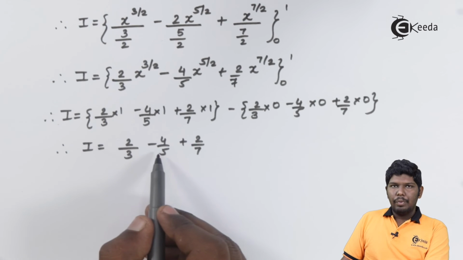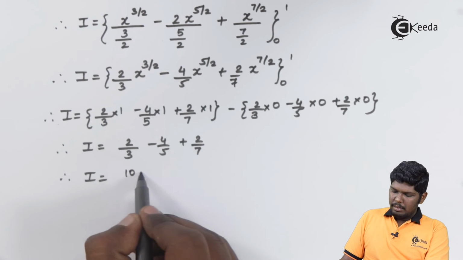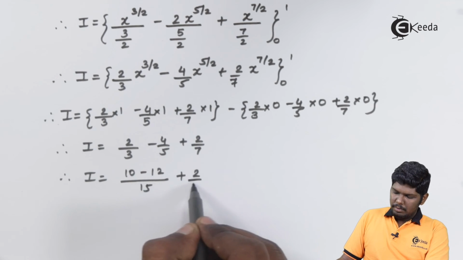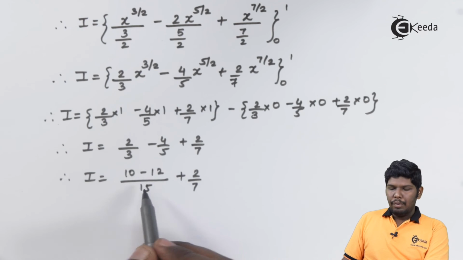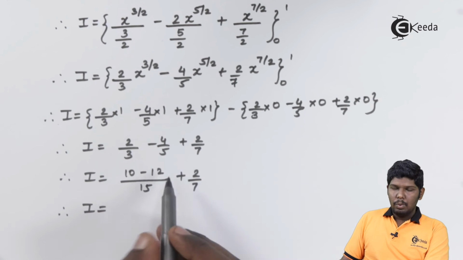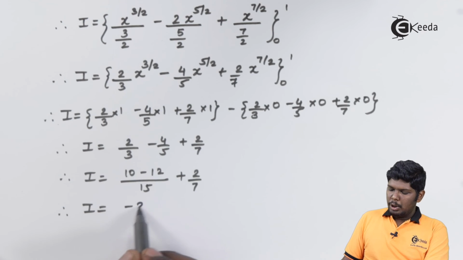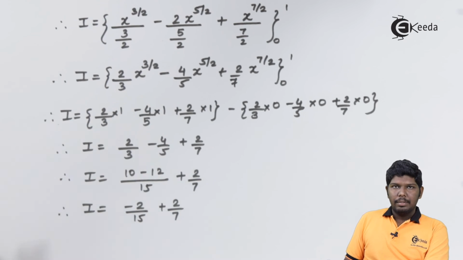Let us solve these two fractions first. This will give you I is equal to 10 minus 12 upon 15 plus 2 upon 7. Therefore I is equal to 10 minus 12 is minus 2 upon 15 plus 2 upon 7.